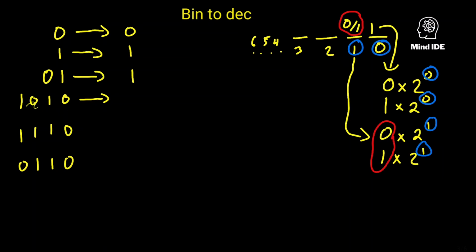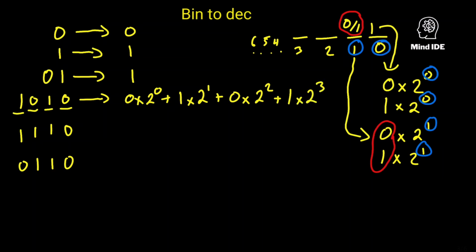Okay, so with this number here, we have 0 times 2 to the 0, plus 1 times 2 to the 1, plus 0 times 2 to the 2, and plus 1 times 2 to the 3.